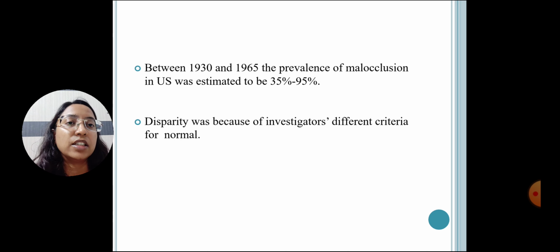Between 1930 and 1965, in the US, the prevalence of malocclusion was estimated to be around 35 to 95%. This is a very broad range. The reason there is so much variation is because of different criteria for normal amongst different studies.